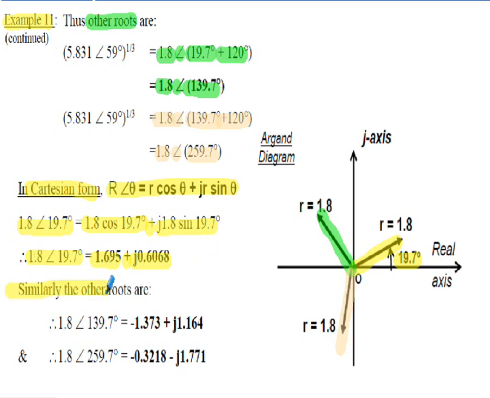Similarly calculating the other roots, the second root is negative 1.373 plus j 1.164, and the final root is negative 0.3218 minus j 1.771. So those are our three roots in both polar form and Cartesian form.